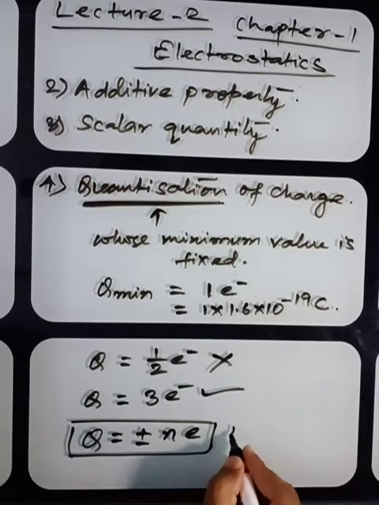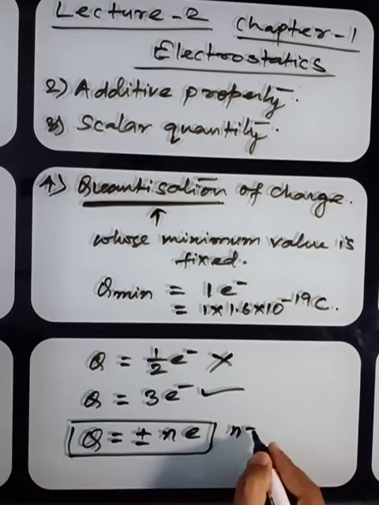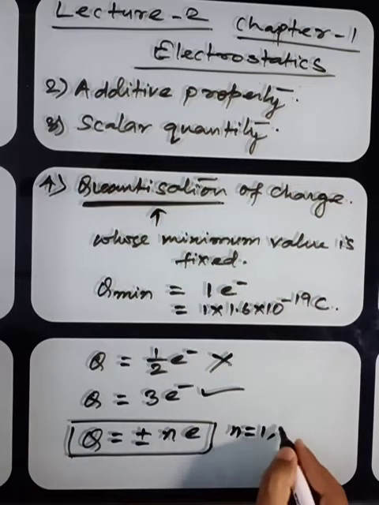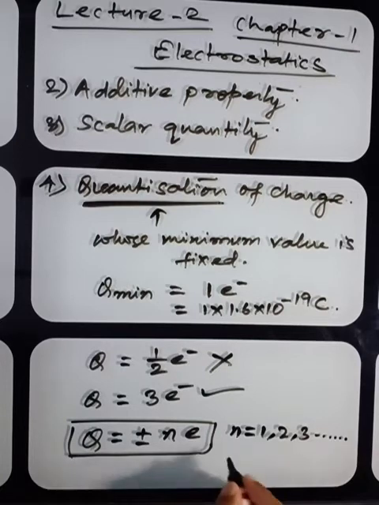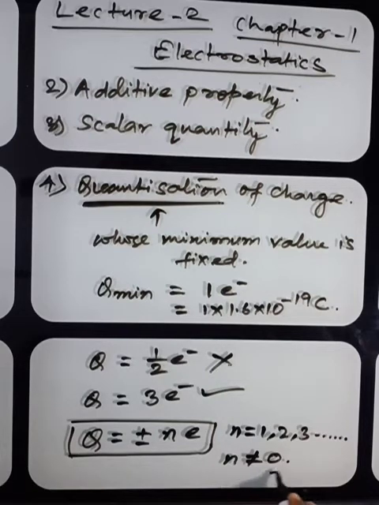So n is 1, 2, 3, an integer and so on. But remember, n cannot be 0 because you cannot have the 0 charge. Neutral body, you cannot say it has 0 coulomb. It is chargeless, but 0 coulomb will be incorrect.